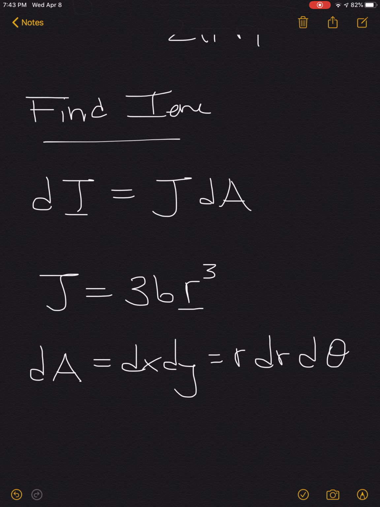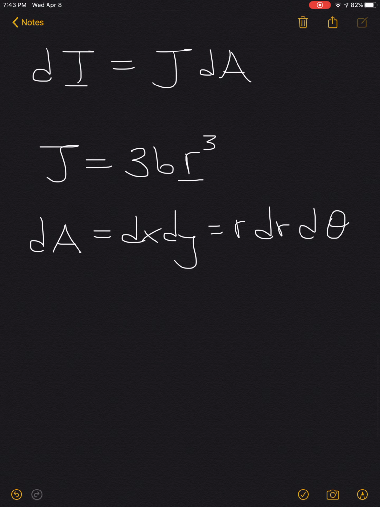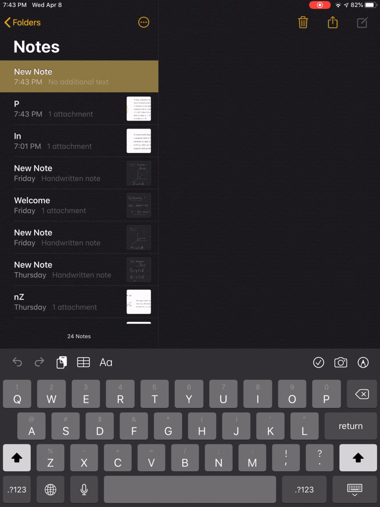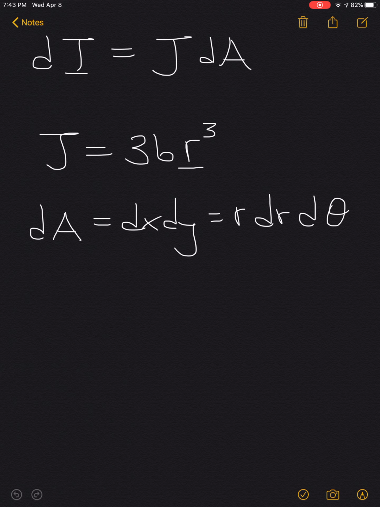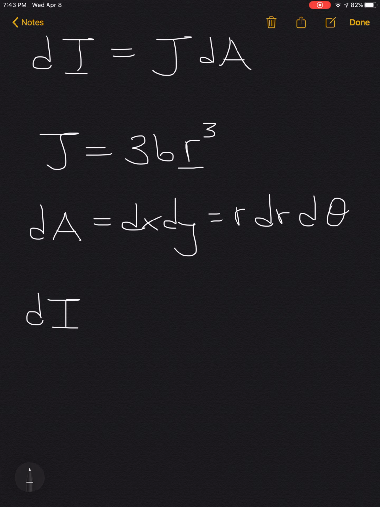So that is the area of one of those circular shells that I drew. So if we want to find the current going through one of those shells, we write what J is.